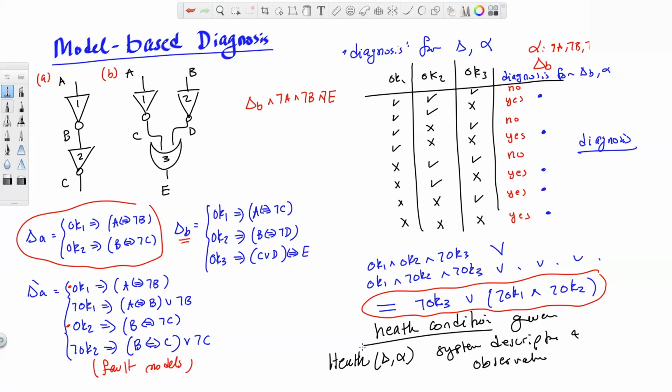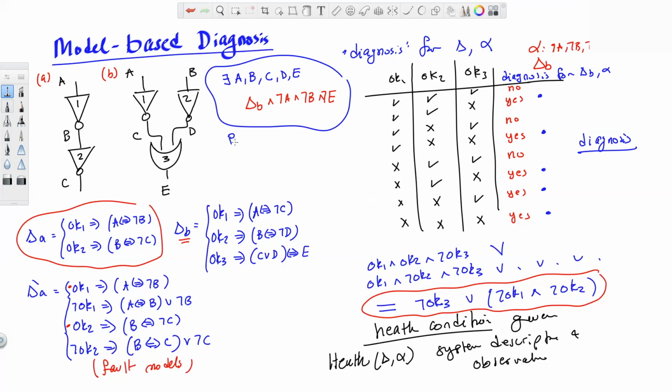Now, how do we get this? We get this by existentially quantifying all other variables. So if I existentially quantify the variable A, the variable B, the variable C, and D and E from this, what am I doing here? I'm taking my system description, adding the observation, and existentially quantifying all of these variables.